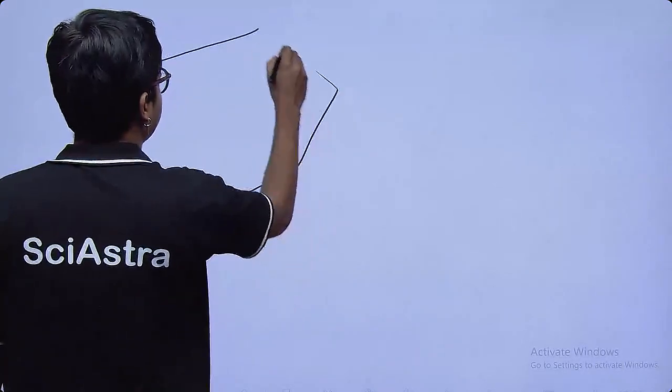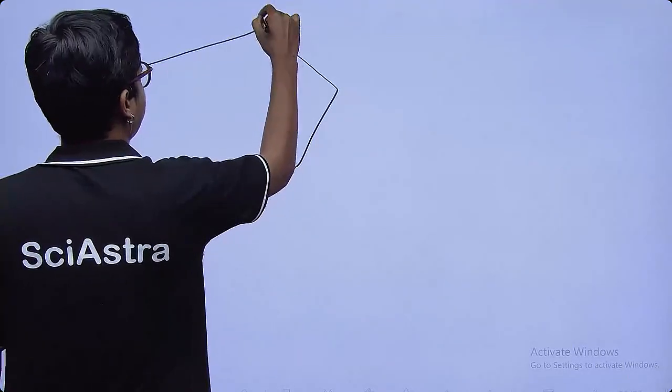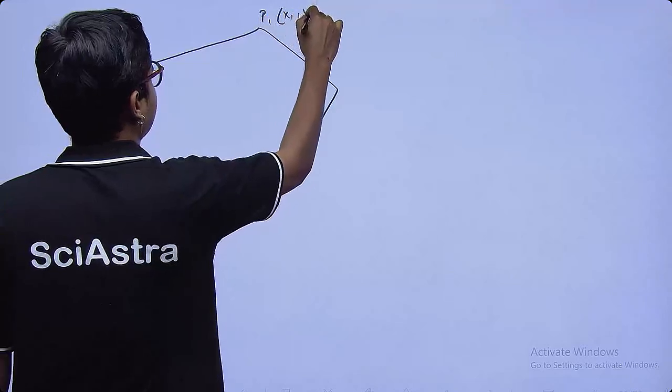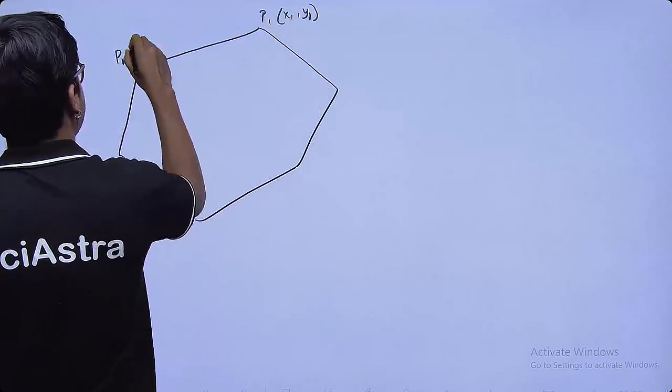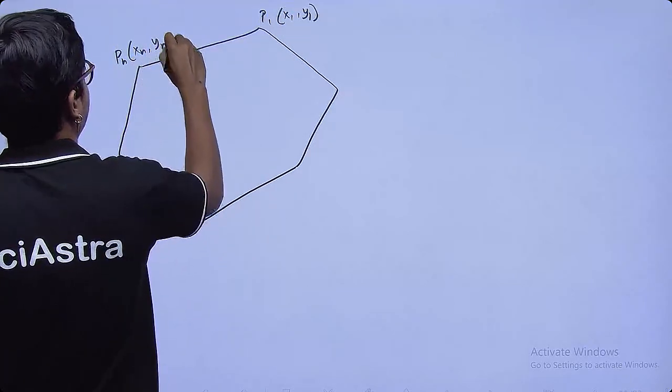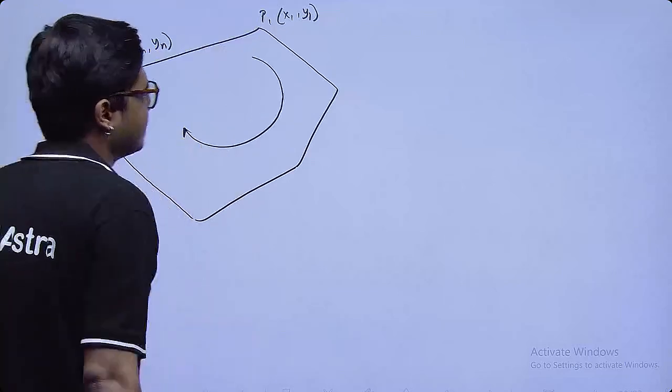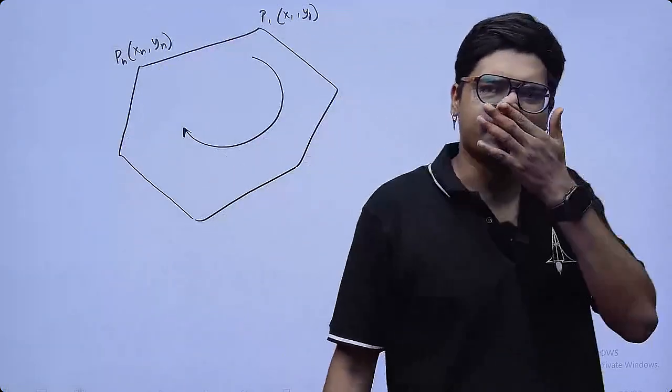I'll give you the general form. So suppose you have P1, which is x1, y1, all the way till some Pn, which is xn, yn, okay. So these are the points, okay. So follow an order, otherwise you'll mess up the sign, okay.